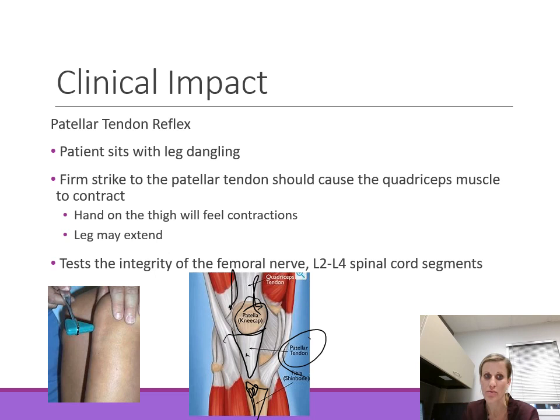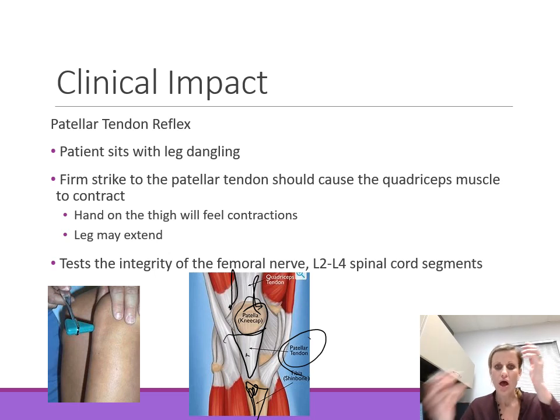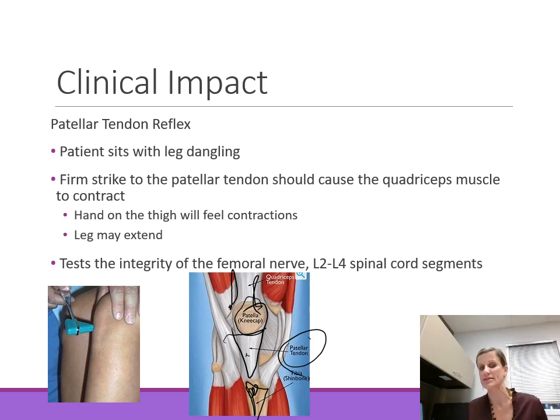The reflex hammer is firmly and quickly used to tap the patellar tendon or patellar ligament, and this should cause the quadriceps muscle to contract. Okay, so pushing on that tendon will stretch the muscle, and that should reflexively cause the quadriceps muscle to contract to shorten that. When the quadriceps muscle contracts, the leg may extend, right?